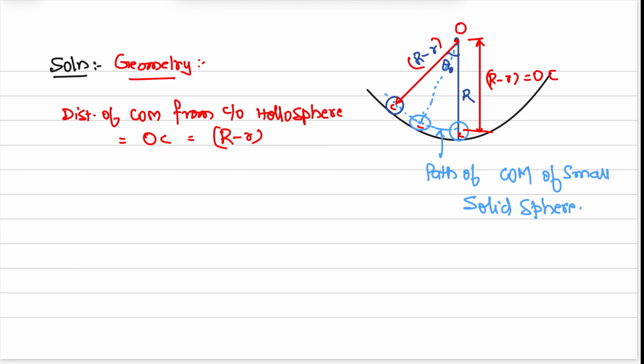Now, for an angle of theta naught, let us call this point D. What is the OD value? I have told you many times in my previous lectures, please see them.